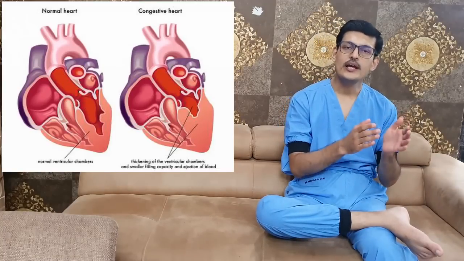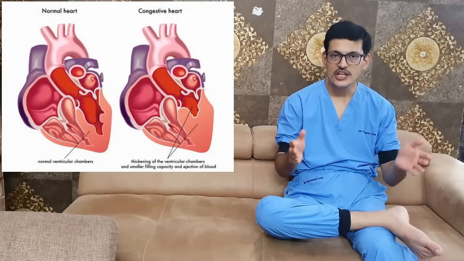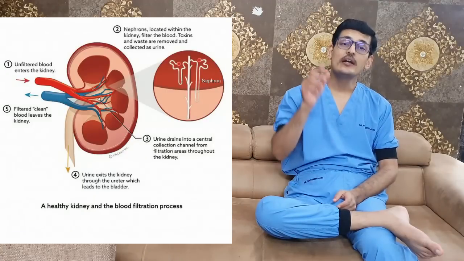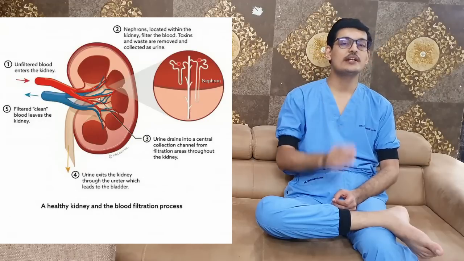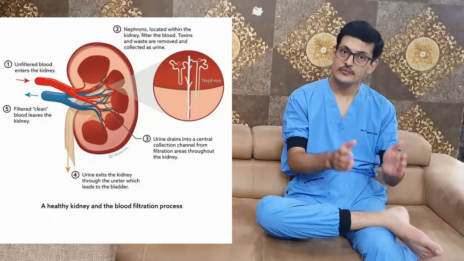So a long lasting or chronic heart failure, called congestive heart failure, can cause swelling in the ankle. Then if you are having a kidney disease, a renal disease with an increase in creatinine levels, then also you may have swelling in your ankle region.